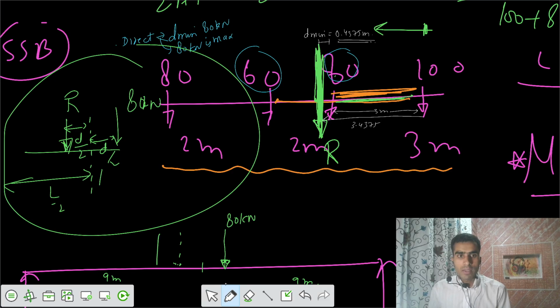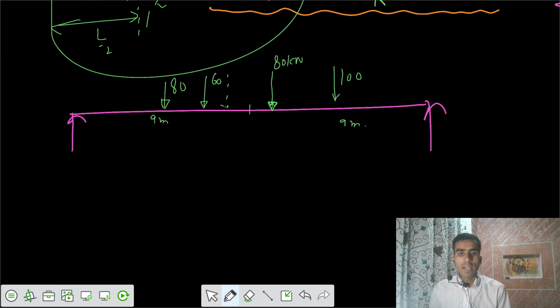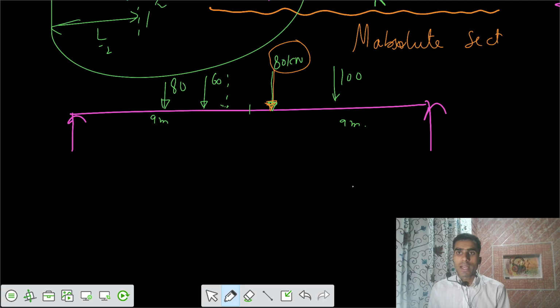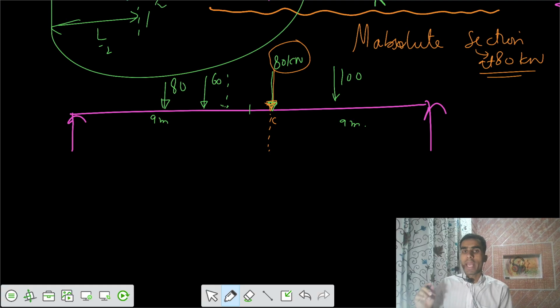Then 60 is somewhere here, 80 is somewhere here, and from this side 100 is somewhere here. So we have the concerned point of 80 kilonewton. Let's highlight that part. This is our 80 kilonewton, and the critical section for the bending moment to be absolute is the section at 80 kilonewton. This is our C section, our critical section where you can get the absolute bending moment.